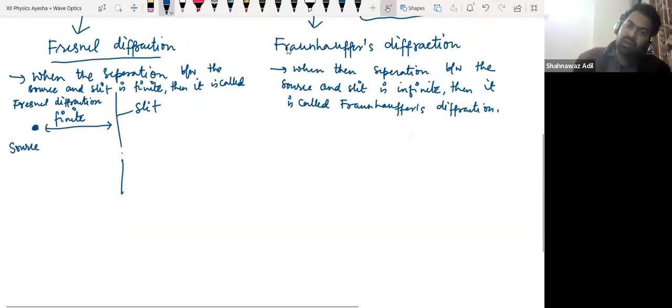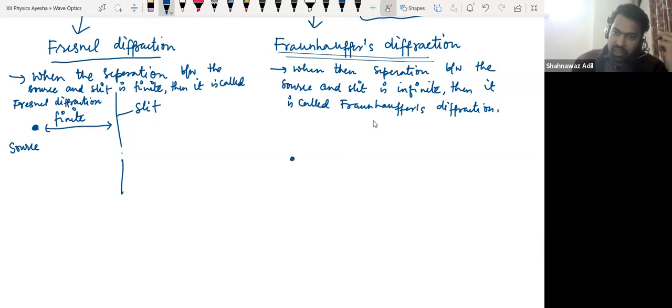Okay, so in Fraunhofer's diffraction, we talked that the separation between the source and the slit is infinity, right?